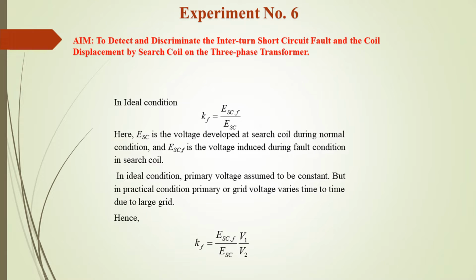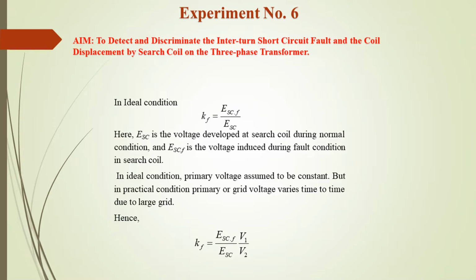In the search coil experiment, Kf is the ratio of the induced EMF during the fault condition to the induced EMF during the healthy condition. This is for the ideal condition. In the ideal condition, the primary input is constant, but in actual conditions this voltage varies from time to time.